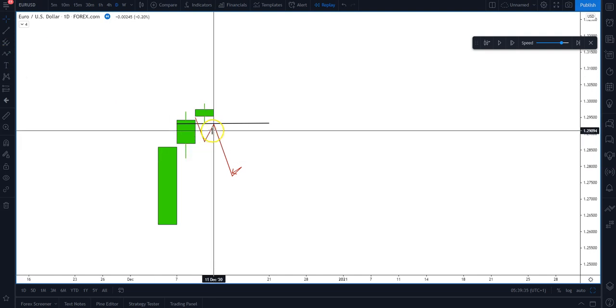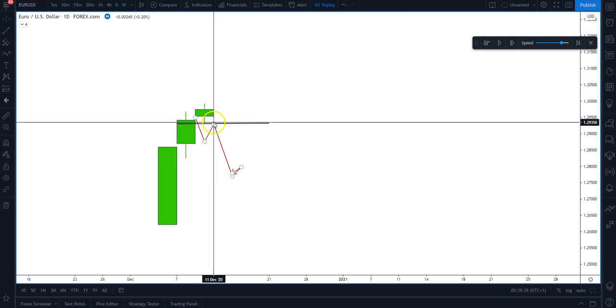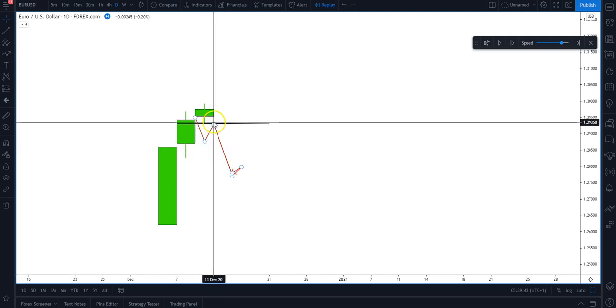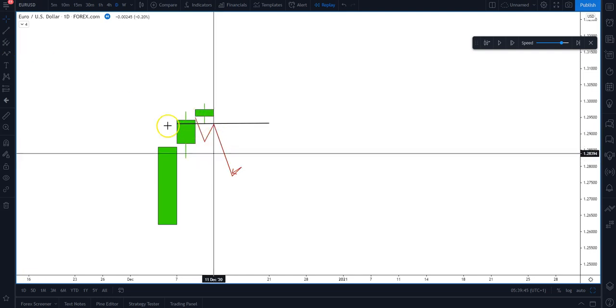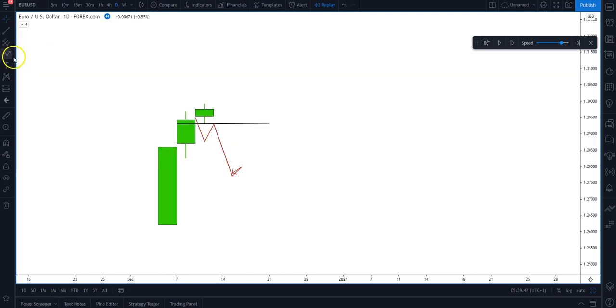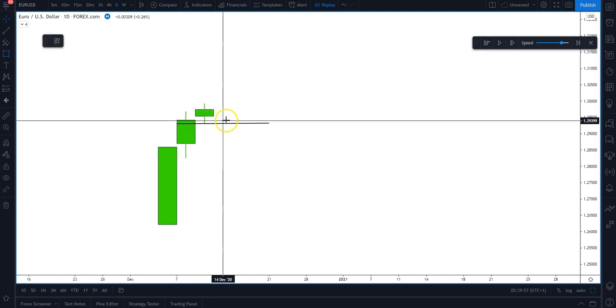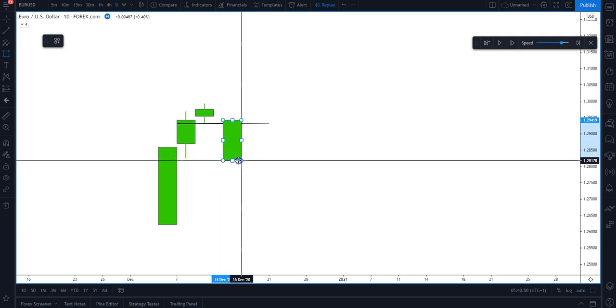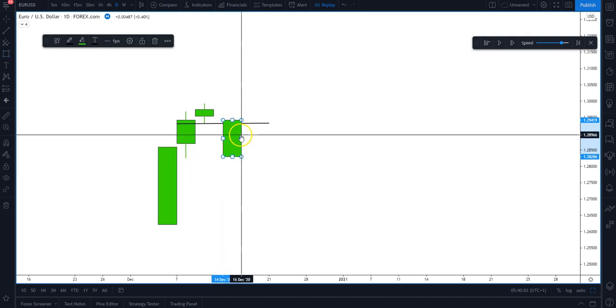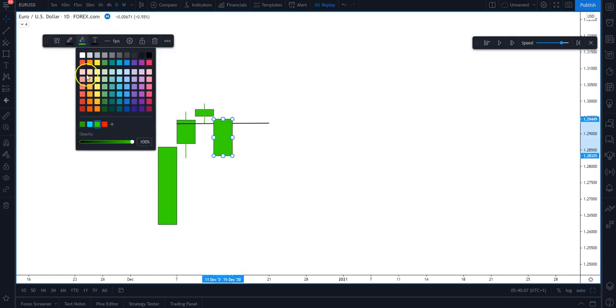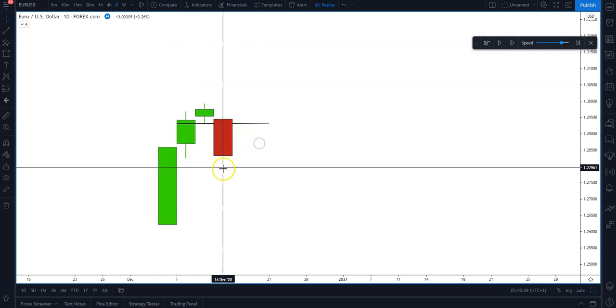But wait for a retest on this line and for it to continue going down. What that does on a lower time frame, that retest and continuing down, is nothing more on a higher time frame than this.